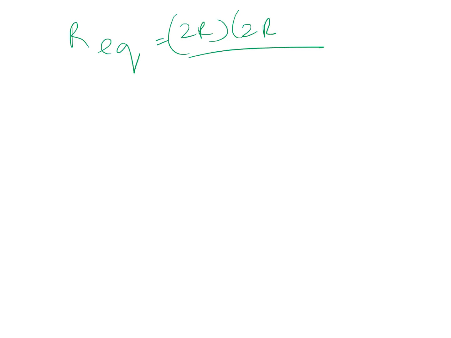So the equivalent value of resistor R equivalent is equal to 2R into 2R divided by 2R plus 2R. So the equivalent values of this can be determined.